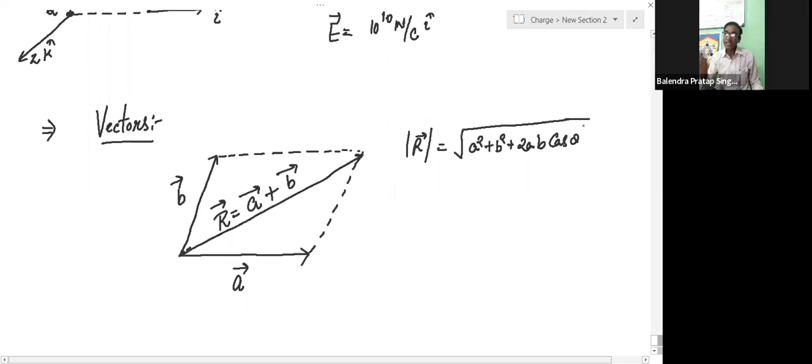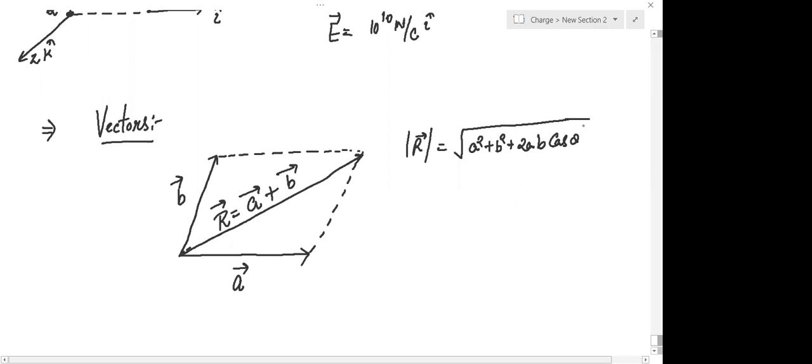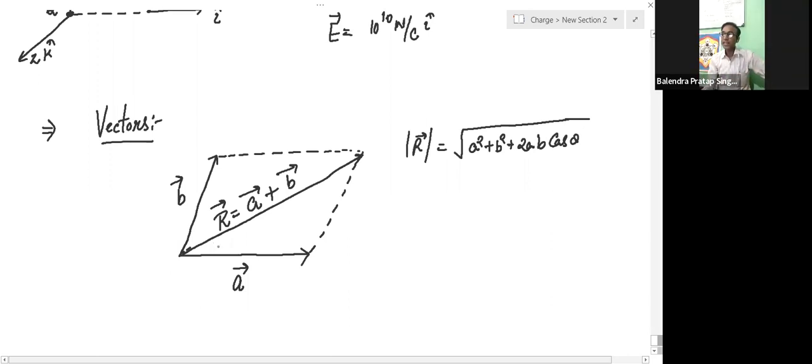And what is theta here? Theta is the angle between these two vectors, not about the resultant. If we talk about the direction, the resultant takes some direction like somewhere here.